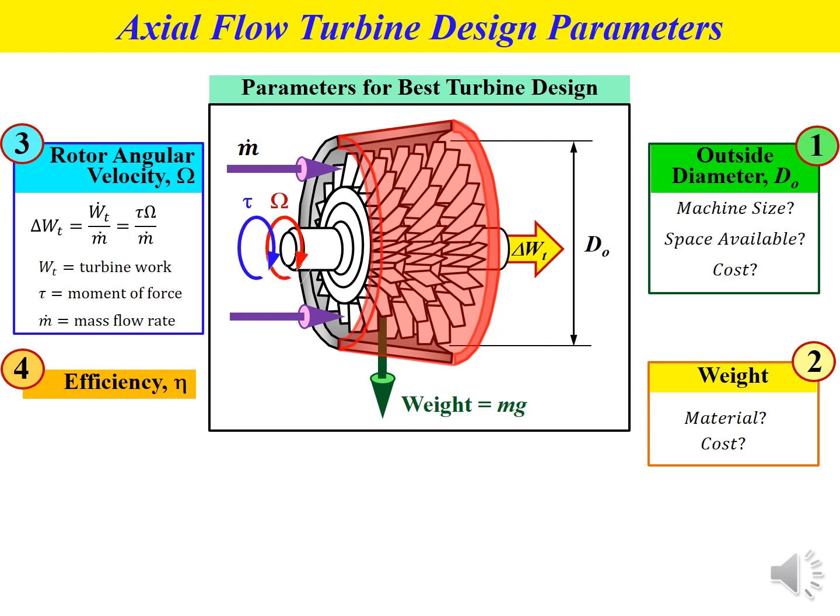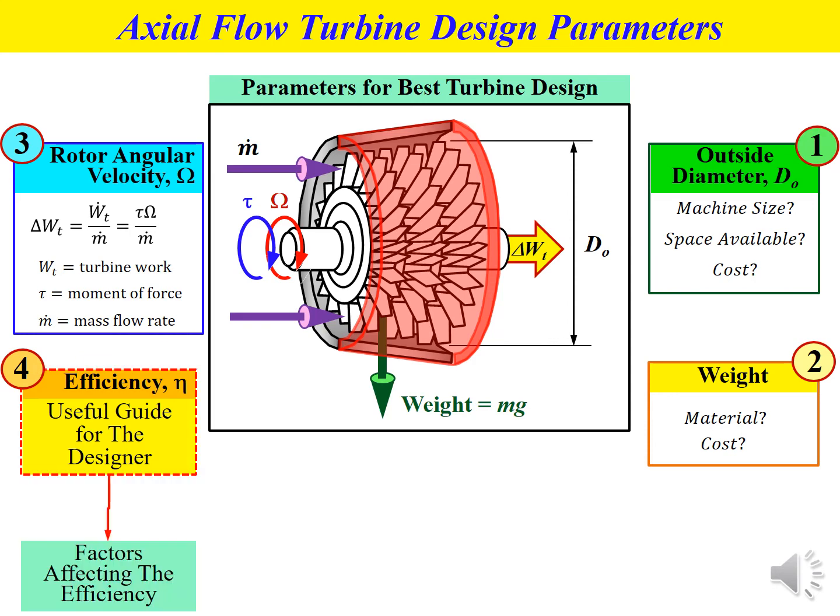And the last parameter, the most important parameter in axial flow turbine design, is the efficiency, which is very useful to the designer. The parameter becomes a useful guide for the designer, and it will become the main focus, in order to calculate the efficiency before obtaining the final parameters for the axial flow turbine.